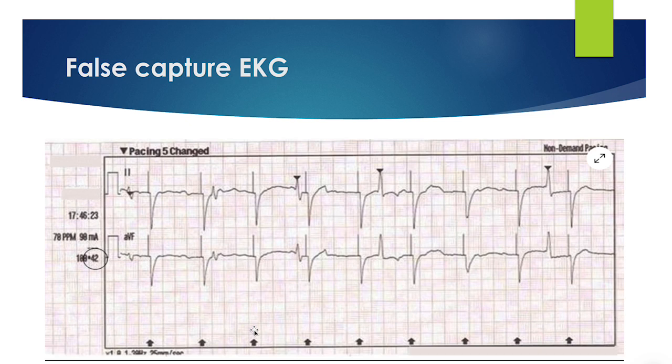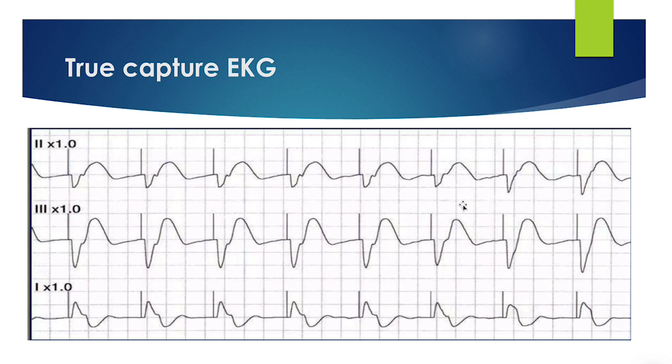Here's another example of false capturing. You can see the pacer spikes are on the QRS itself, and it's haphazard. It's not even every time, and it appears and disappears. So this is definitely false capturing.